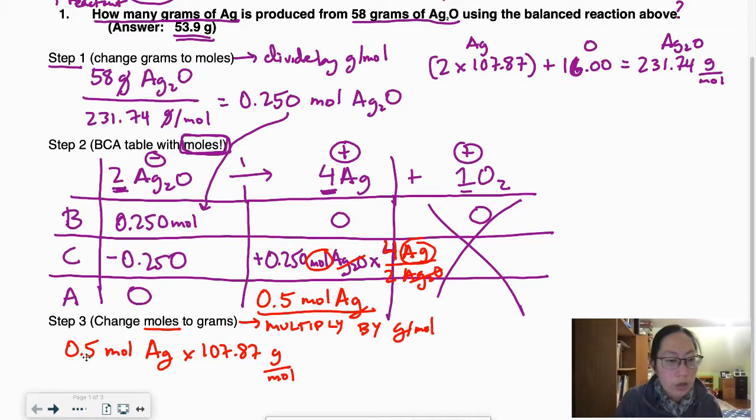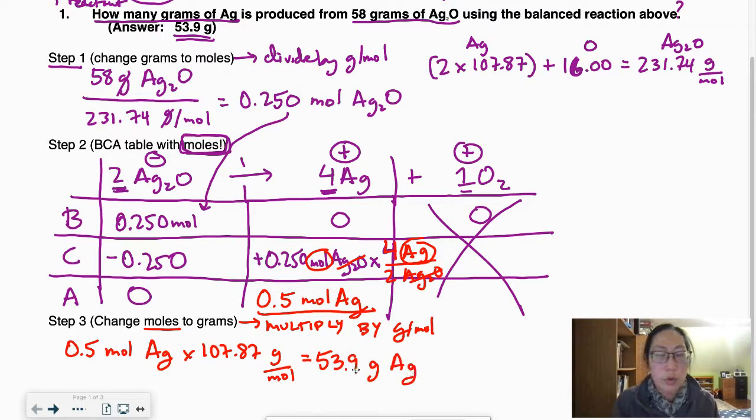Okay, so I just need to take 0.5 times 107.87. I end up with, let's keep three digits here, 53.9 grams of silver.